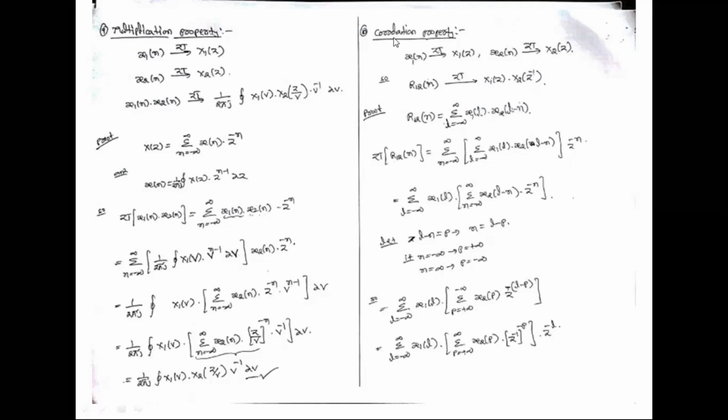According to the definition of the cross correlation function for discrete time signals, what is the signal here? x1 of n, and x2 of n is a shifted version by n number of samples.